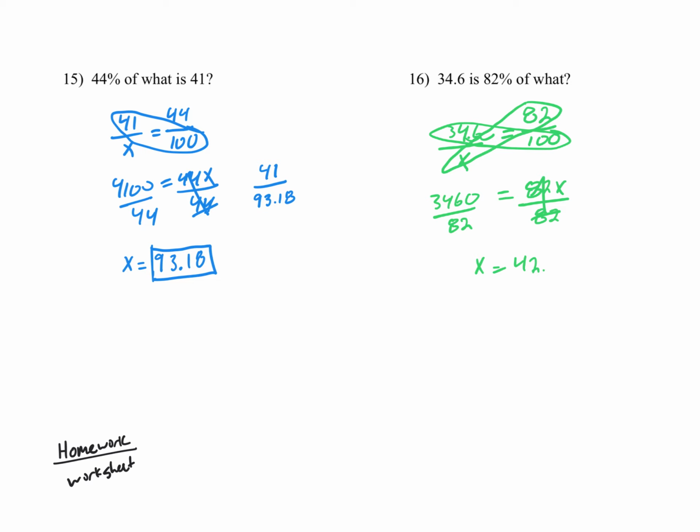Since I'm going to round it to the nearest decimal place, let me write that out, 195. If I'm going to cut it here, the 5 makes the 9 round up. And since it's a 9, it's actually going to go up to 42.2. That's going to be our whole number. Again, if we took the 34.6 and divided by the 42.2, we'd get 0.82.